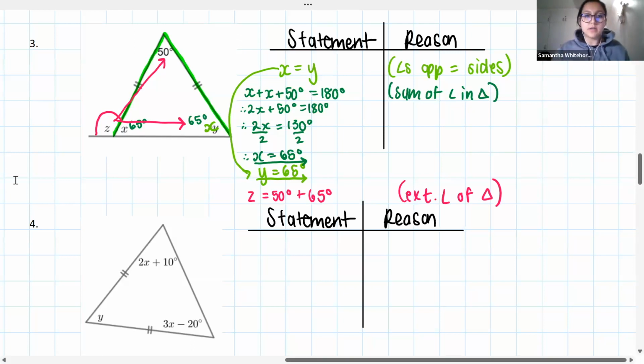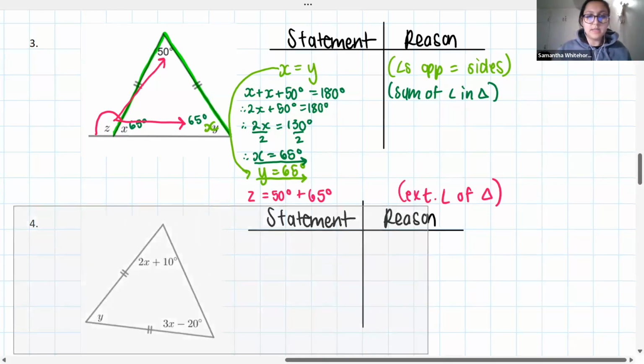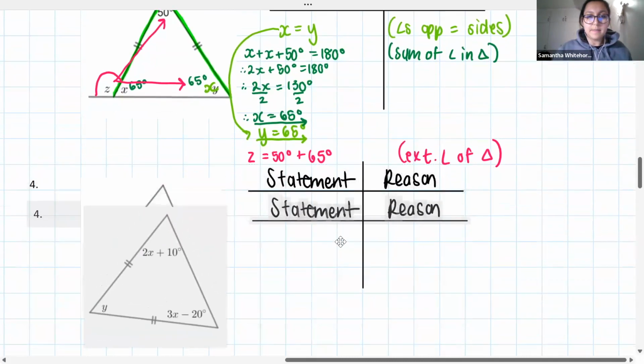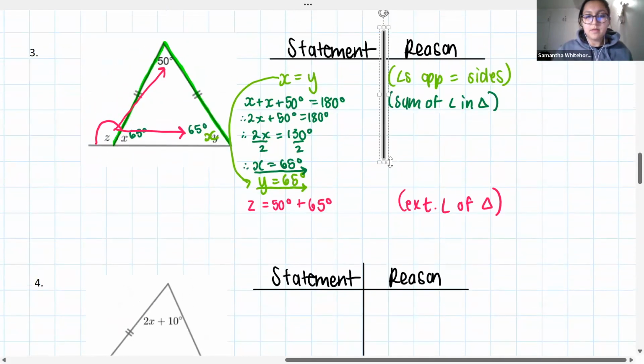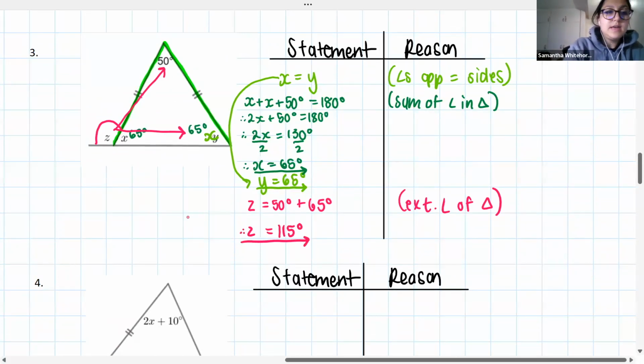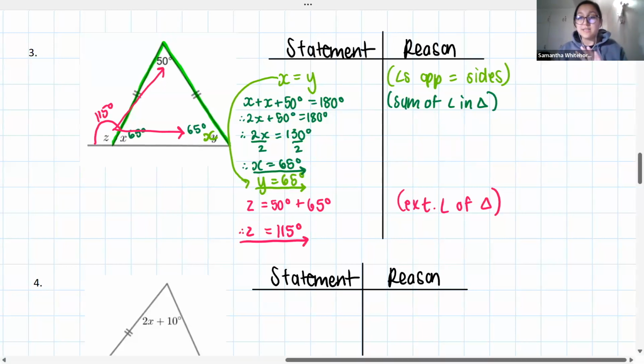Better move some stuff here, otherwise I'm going to run out of space. And so solving for z, 50 plus 65 is 115 degrees. And so z is 115. If you used angles on a straight line, you would have gotten exactly the same answer. And so both is absolutely fine.